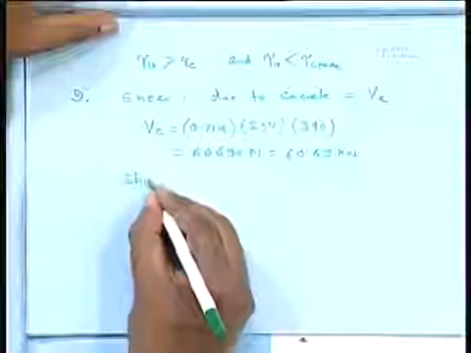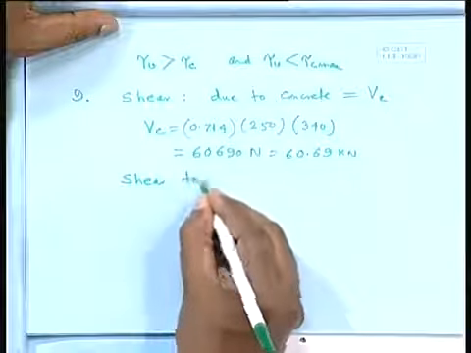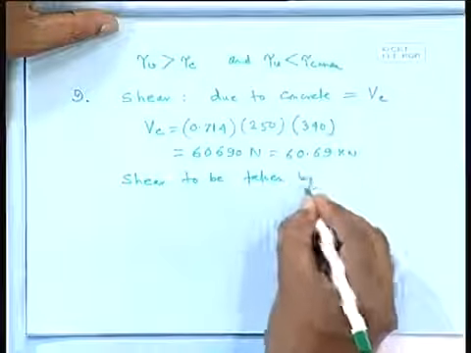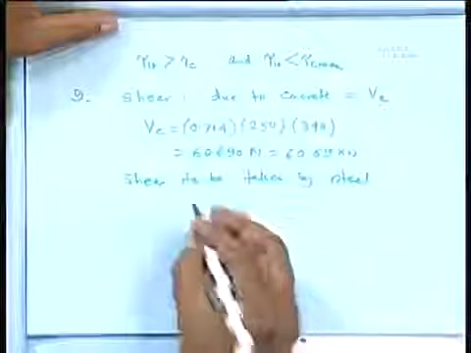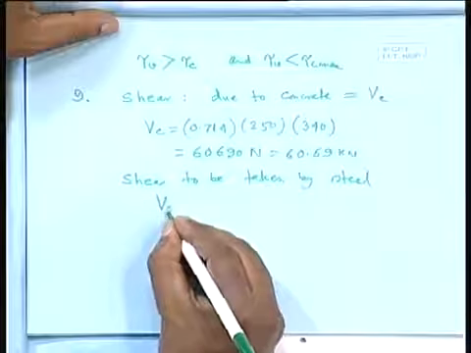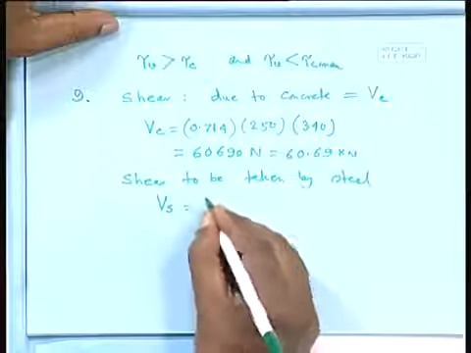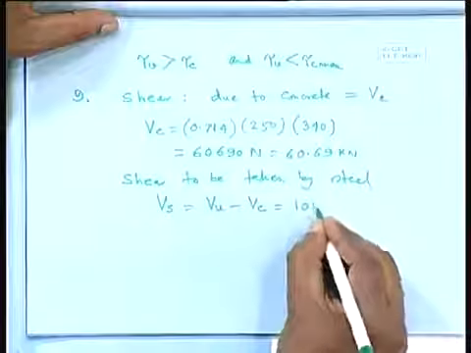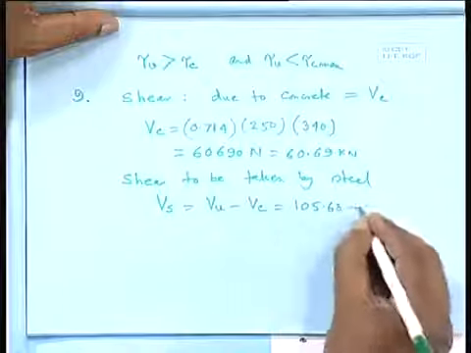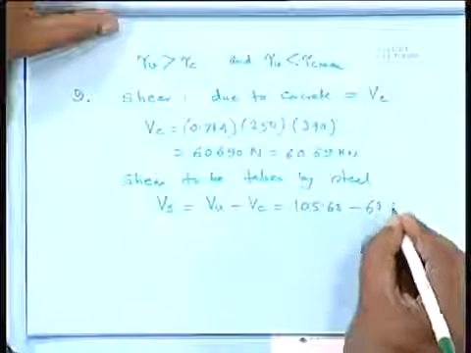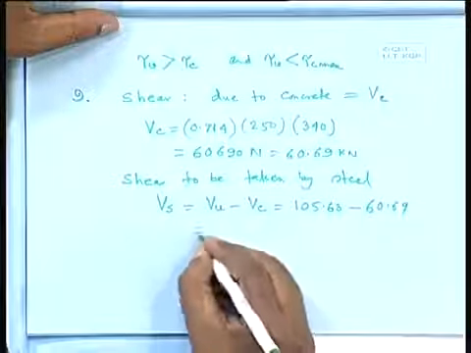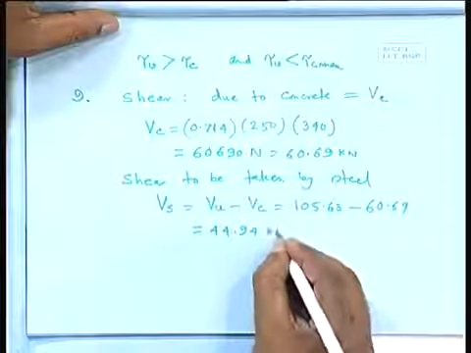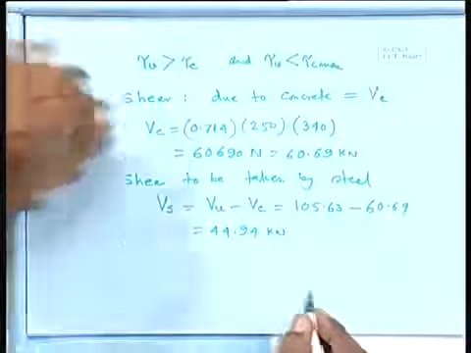Shear to be taken by steel, VS, equals VU minus VC, 105.63 kilonewton minus 60.69 kilonewton, equals 44.94 kilonewton.